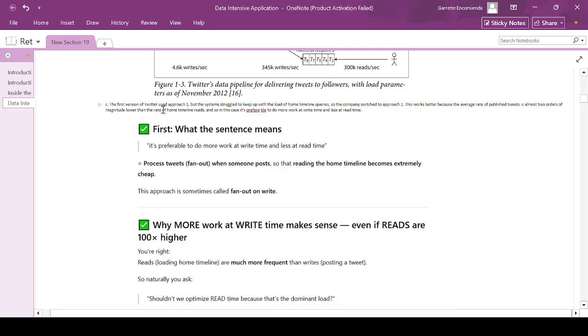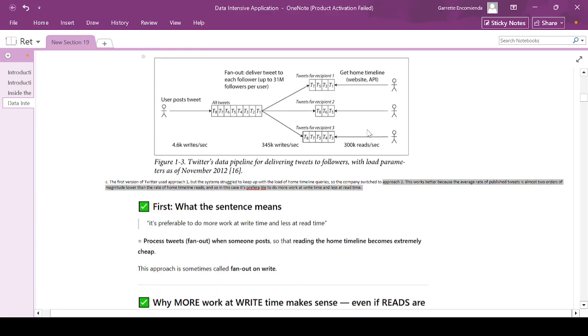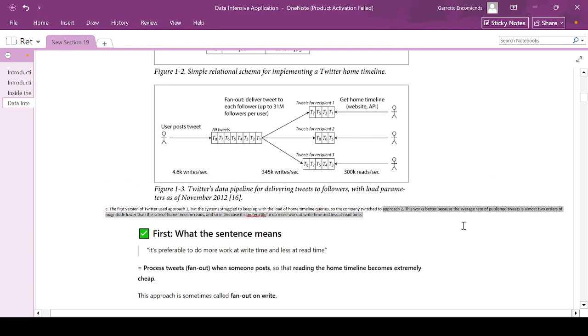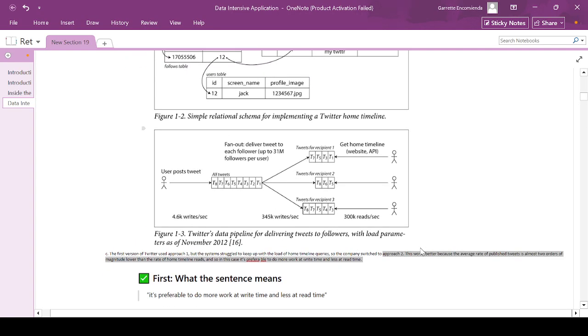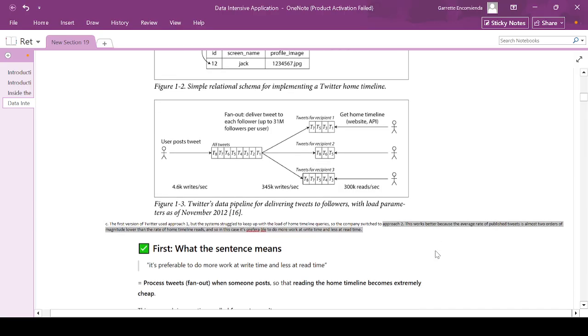Now, the first version of Twitter used Approach 1, but the system struggled to keep up with the load of home timeline queries. So the company switched to Approach 2, which is optimizing for writes to the cache near the user, the user's home timeline cache. Therefore, the user just needs to request its own timeline.